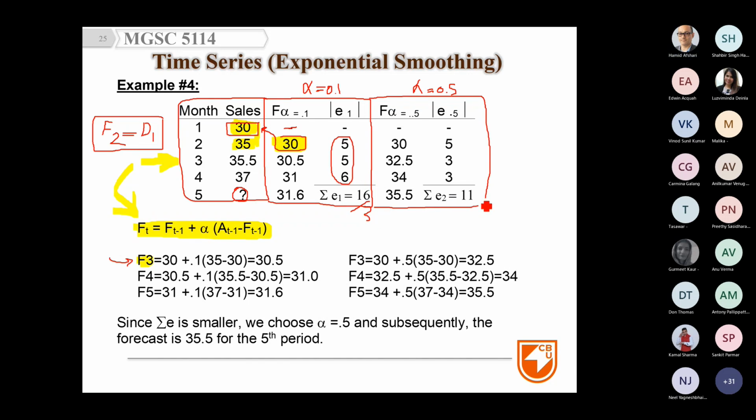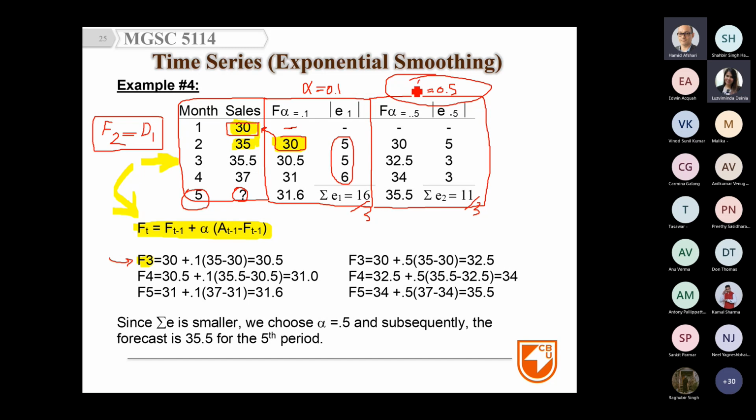So this is divided by 3. Which one has the lowest error? 0.5 has less error. So which method do you prefer to use in order to forecast the demand for the fifth period? Alpha equal to 0.5.